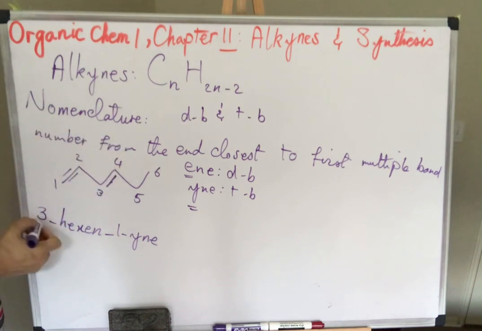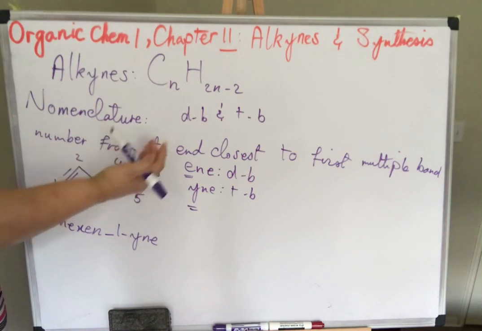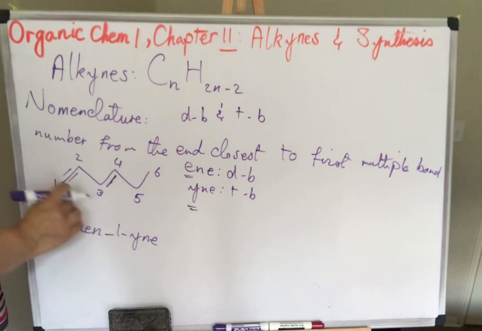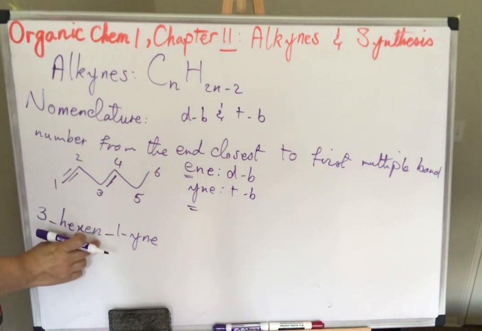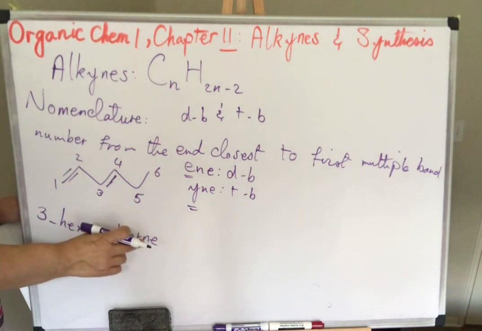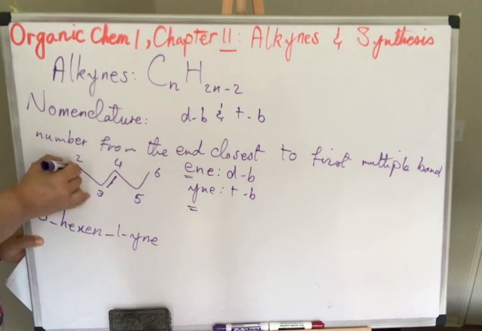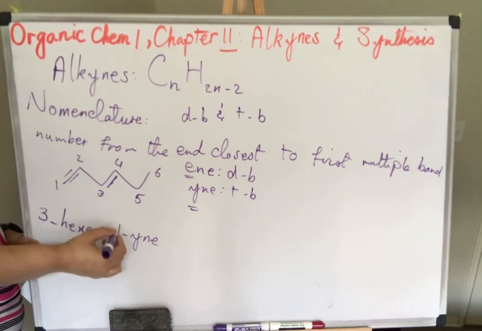Between 3 and 4. So it's 3. If we did not have a triple bond and just wanted to name it as an alkene, we would say hexene. But whenever we need to continue after the name of one of them, whether it's alkene or alkyne, we have to eliminate the E at the end. So it's 3-hexen. And you need to mention the location of the triple bond, between first and second carbon, so it's 1-yne.